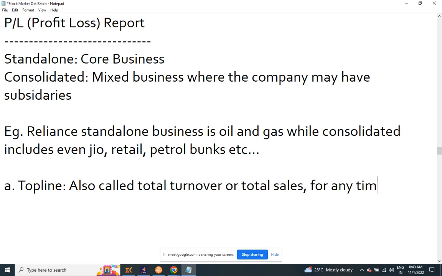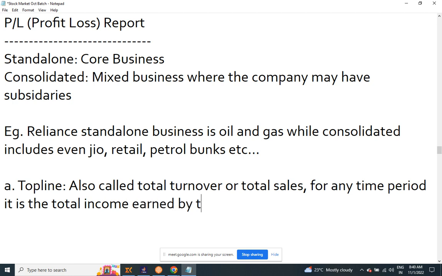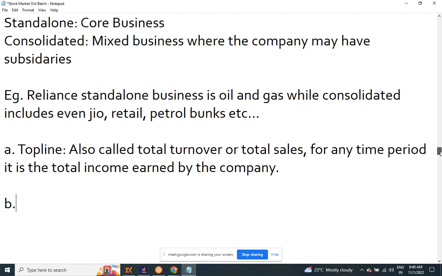For any time period, it is the total income earned by the company. So in the profit loss report, the first thing that you need to check for is the top line. Top line is nothing but the total turnover or the total sales or the total income that the company has earned during the stated time period.